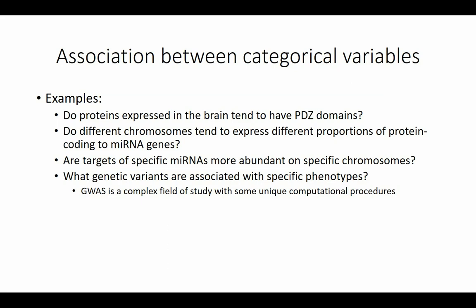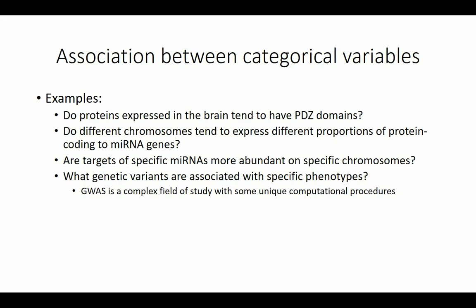One states whether a protein is expressed or not in the brain, so we have 2 categories. And then we have a second variable which we could decide to model as categorical: whether it has PDZ domains or whether it doesn't. Of course, here it's a matter of choice. We could also model it as a numerical variable and say, for example, how many PDZ domains it has. And then it would fall into a different category.